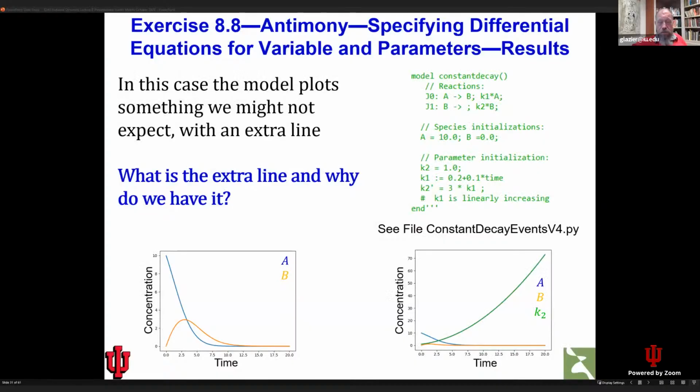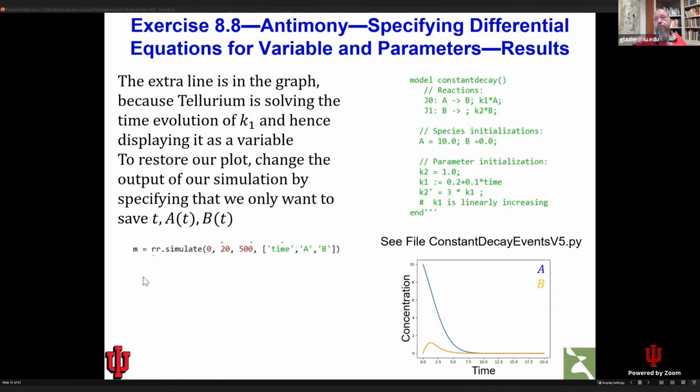And so if you're going to use that notation and you don't want it to plot, then you have to use that column selection option that we went over before to tell it not to output K2. So we could say time, A and B, and then we wouldn't get blocked by K2.